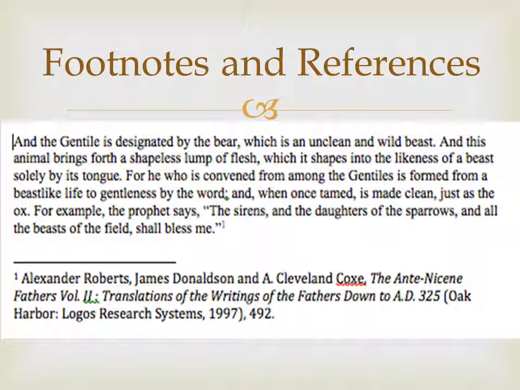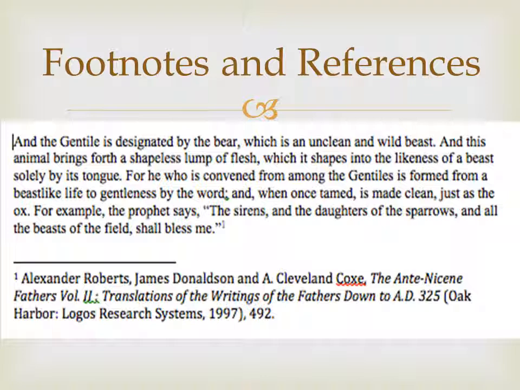Okay, that's where that information comes from. That's the Chicago way of doing it, and we use the MLA style. So you've got the little number there, and that corresponds to that number there, and we get all the information necessary. So we can connect those two things.